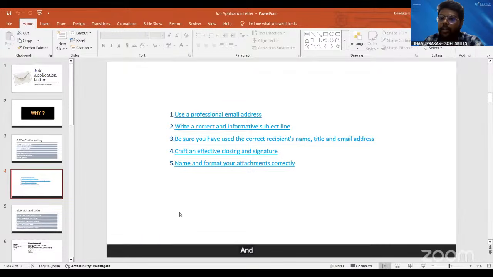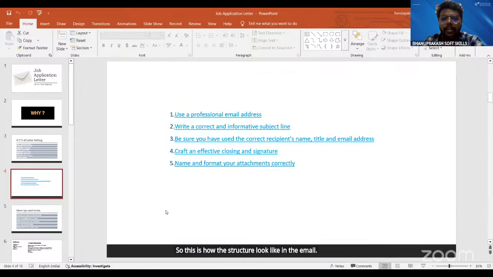And after that, you will have the compose section, where you need to write the actual message with greetings, and then starting matter, middle matter, and then conclusion, and at last the closing salutation by saying yours obediently, yours faithfully, etc. So this is how the structure looks in the email.